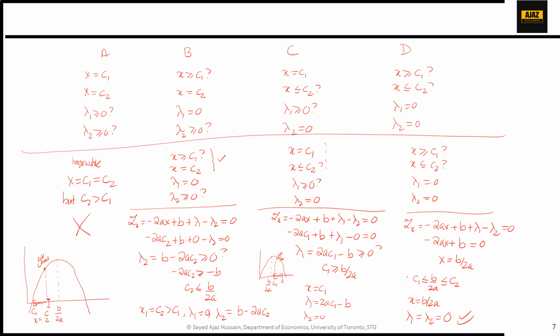Just in passing, we should probably point out how to find out that the lambdas are not necessarily a change in y star due to change in parameters. So in this particular problem, you had the Lagrange equation. It was minus ax squared plus bx minus c minus lambda 1 times minus x plus c1 minus lambda 2 times x minus c2.